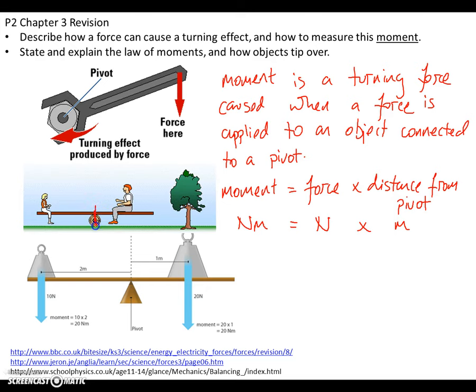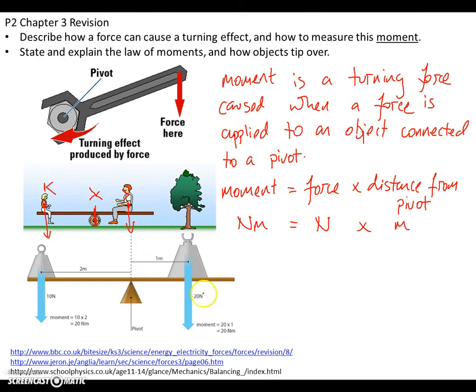Here this would be the pivot, this would be the force, the weight of the person acting downwards, and the distance between them would be just this distance here. This would be the weight of this person, and so the distance would be greater, here to here.